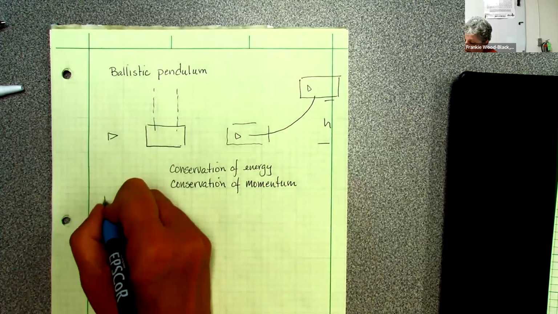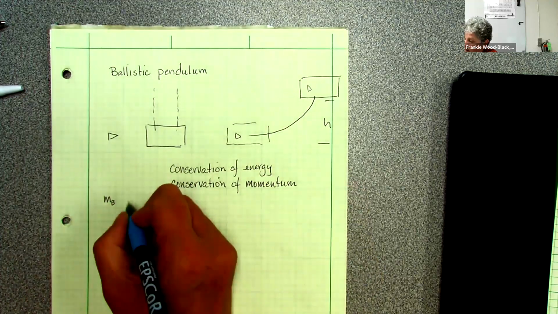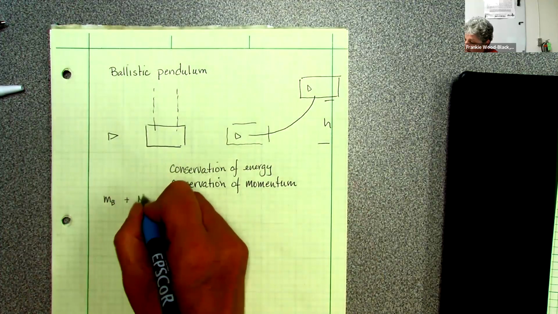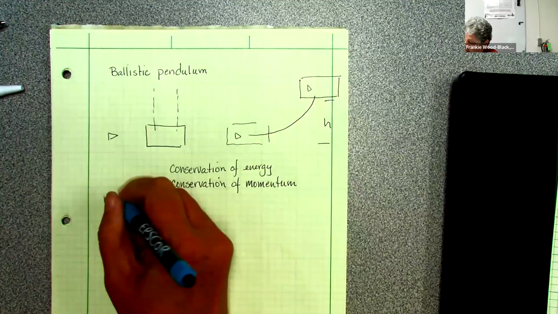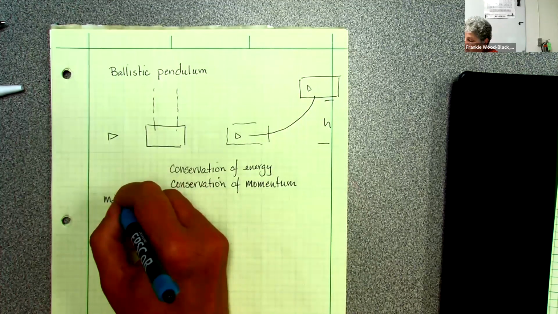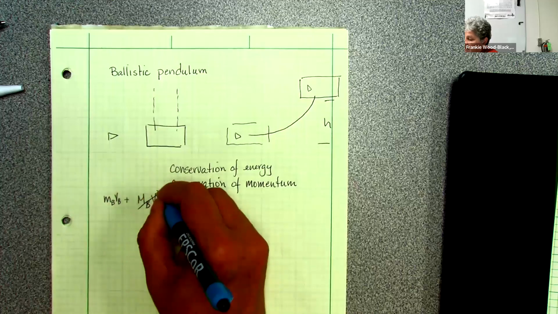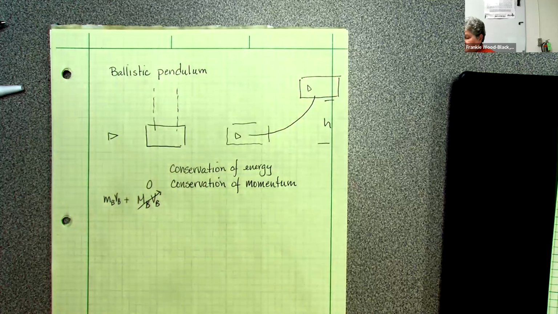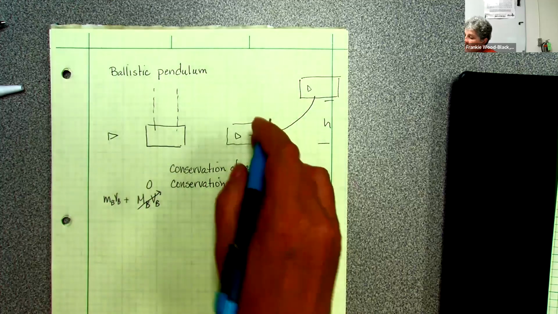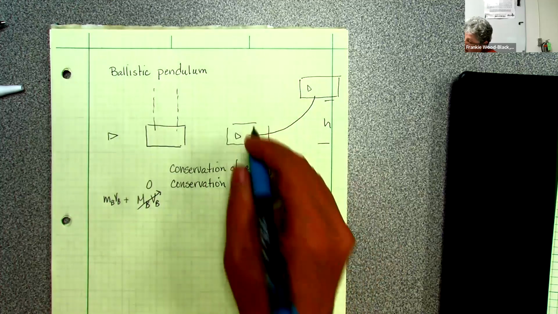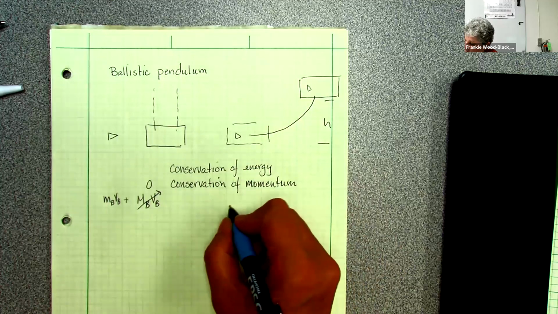So over here, I have the mass of the bullet plus the mass of the block. And this is the velocity of the bullet, velocity of the block. On this side, that's going to equal 0. Now over here, I have after.